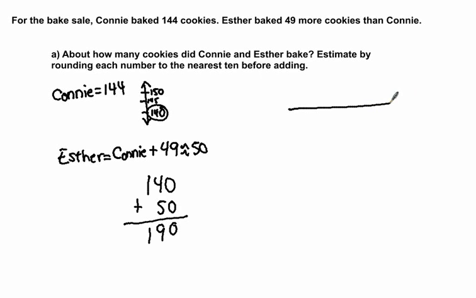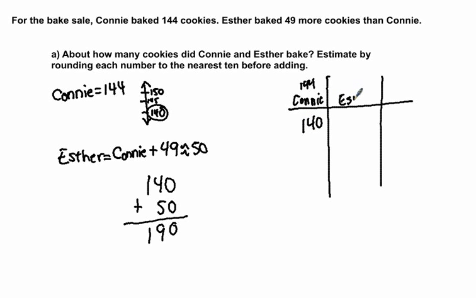And if you think about it as a table, we would have had Connie, who was 144, and we rounded that to about 140. Esther, who was about 50 more than Connie, so that was about 190, and then we have our total.